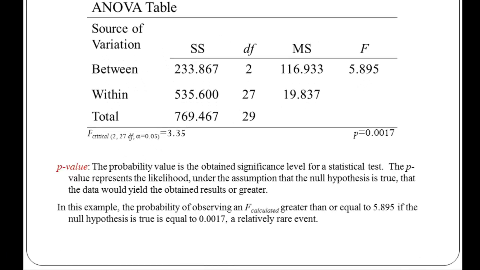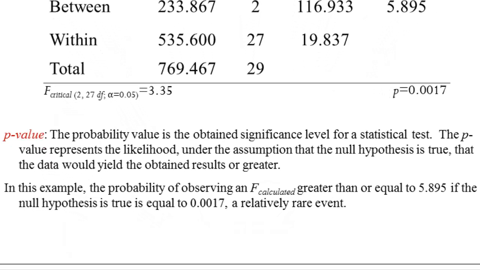Remember what a p-value is. The p-value is the area under the sampling distribution greater than the statistic you've calculated. So if we had an F distribution in front of us, we know that with 2 and 27 degrees of freedom, if we cut off an area in that F distribution starting at 5.895 and measure the area under the tail out to the larger F values, it would cover 0.0017 of the F distribution.